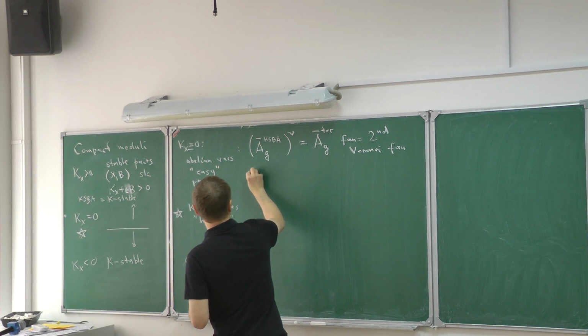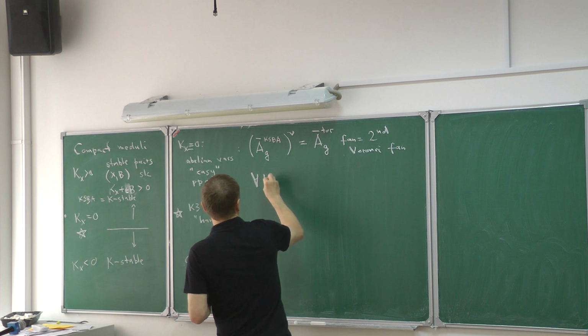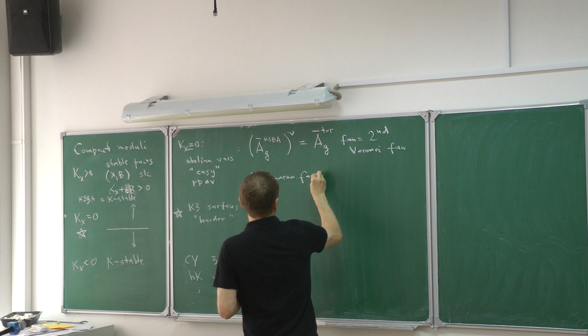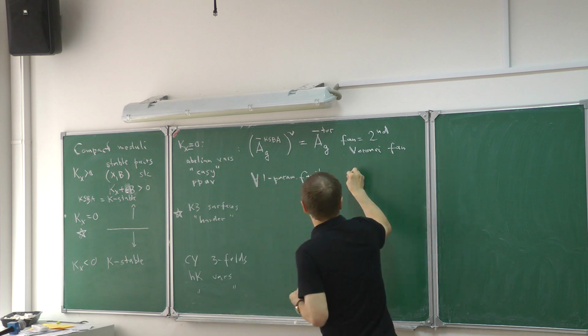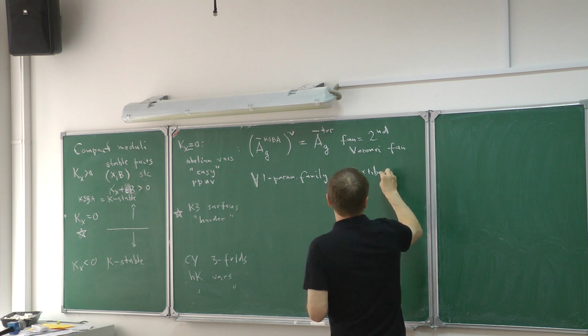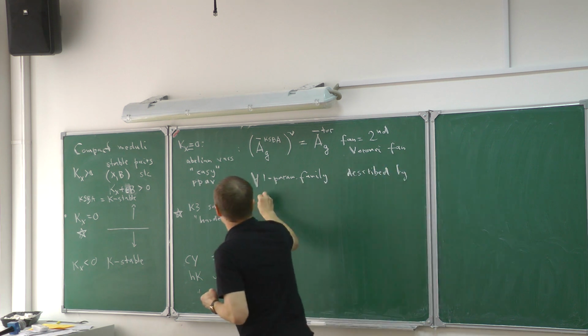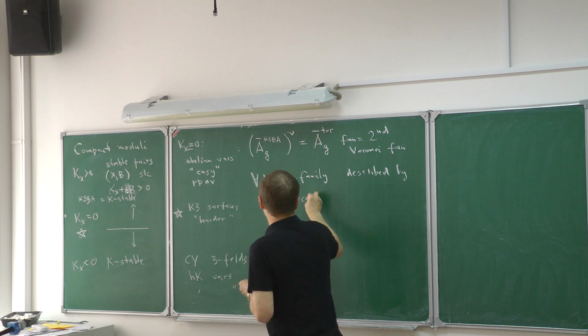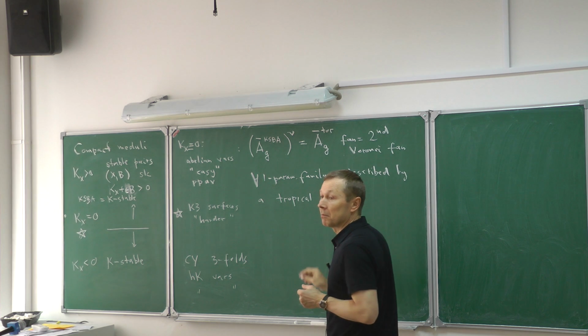So any one parameter family is described by a tropical abelian variety.